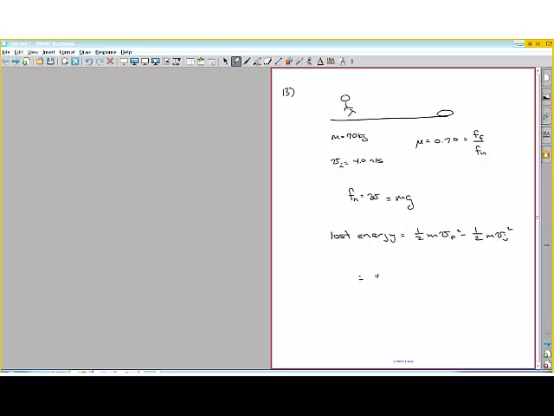So we just have to take 1/2 times 70 kilograms times the final velocity. You could factor out the 1/2 m, so you'd have 1/2 m times the difference of those velocities squared. So you get (0 meters per second) squared minus (4.0 meters per second) squared. I've got to get my calculator.